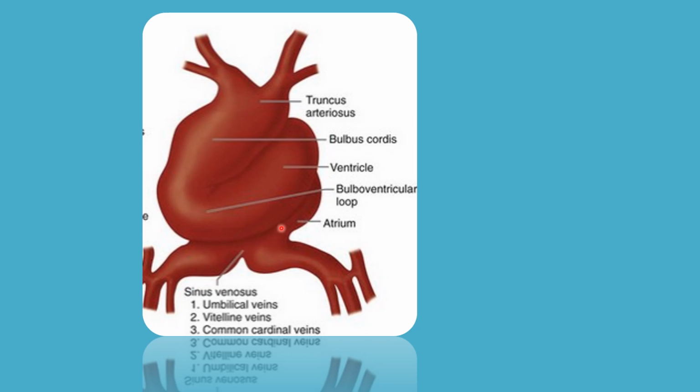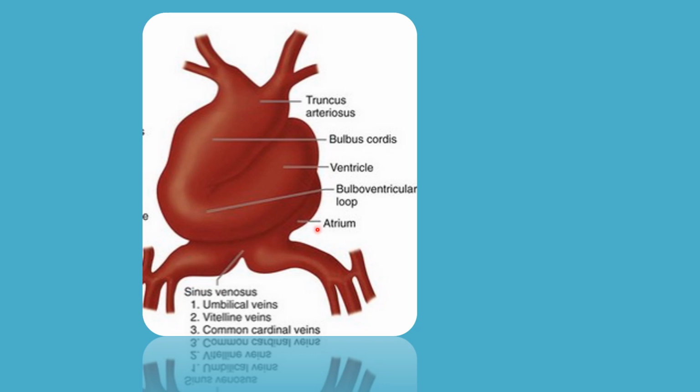Now coming to the caudal limb of the cardiac loop, it is mainly formed by the primitive atrium and the sinus venosus. The atrium goes posterior, dorsal and slightly to the left side of the common bulboventricular cavity. Now it is separated from the septum transversum.